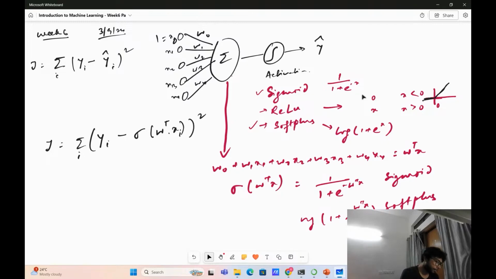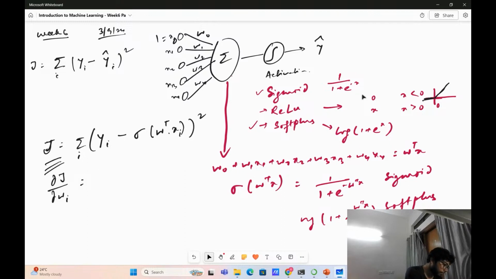Now, what we have to minimize here is this J function. We'll do the same thing: we'll take the derivative with respect to wi.